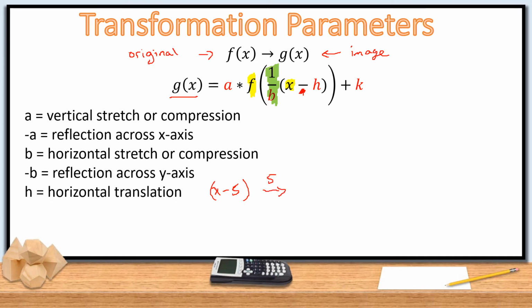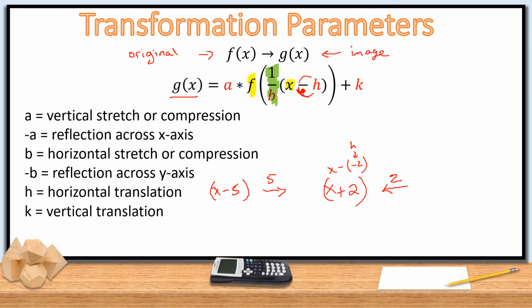So it will increase the x-coordinate by 5. If you have x plus 2, it will move it 2 units to the left, because it's going to be the opposite of whatever the h value is. So x plus 2 is really x minus negative 2. The h value is negative 2. That's something that we saw in Algebra 1, but just remember that it was a weird situation that came up that confused a lot of people.